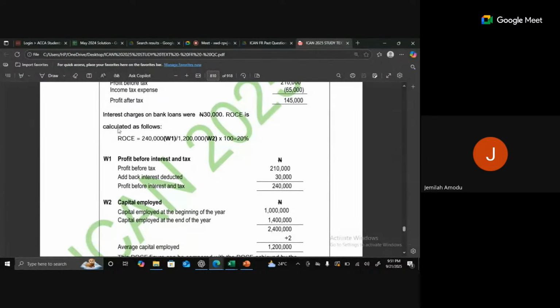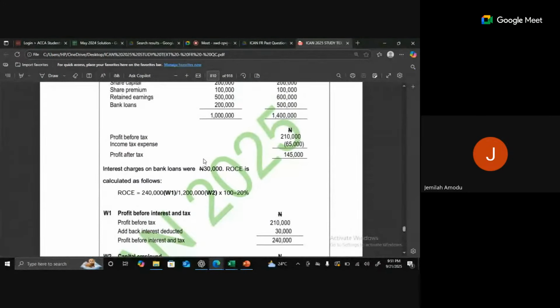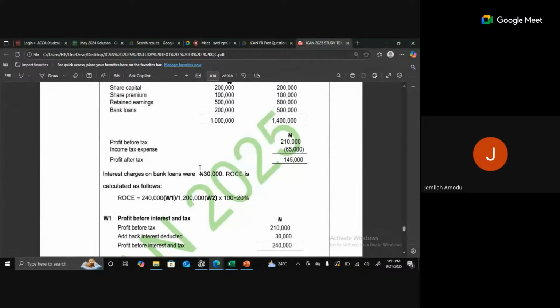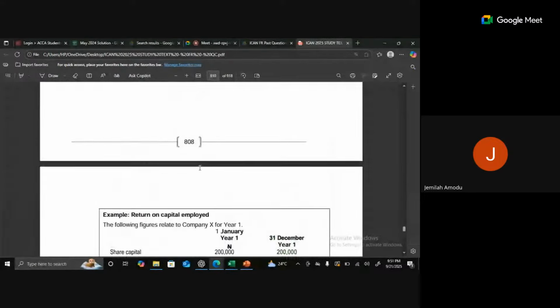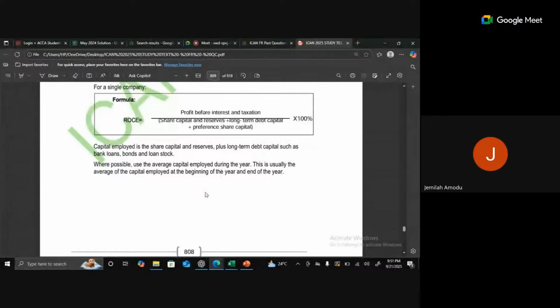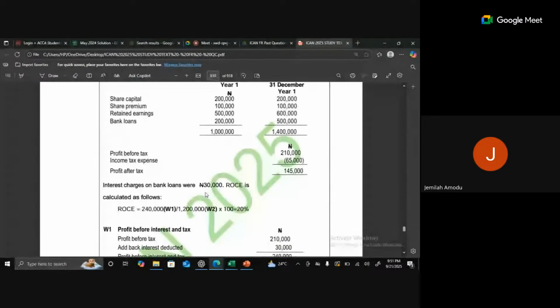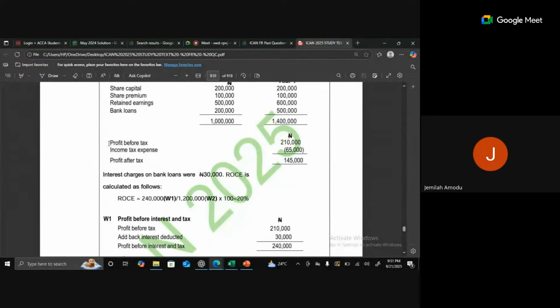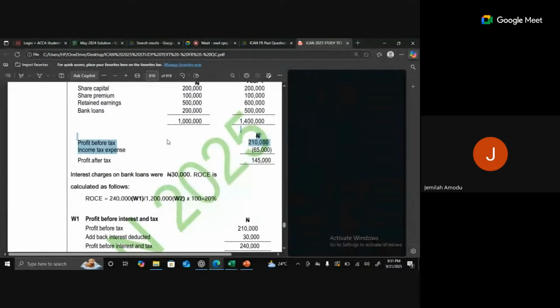They say your return on capital employed is calculated as 240. What's the 240 for? They're adding back interest. That's because the formula says profits before interest and taxation, and the income statement or summary that we're given here is only showing your profit before tax. What's this one now?